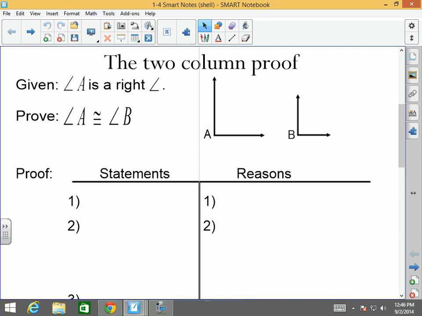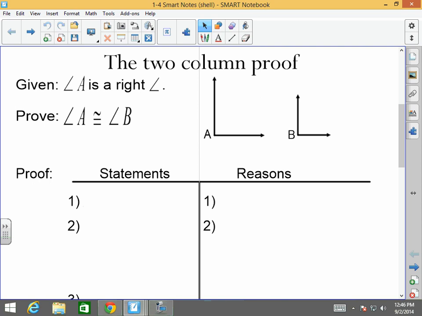When you are going to be proving things, we're going to primarily use the two-column proof. We're going to learn later on this week that we can do something called a paragraph proof. It's really up to you, but the two-column proof is more concise, it's quicker, and it gets to the point immediately.